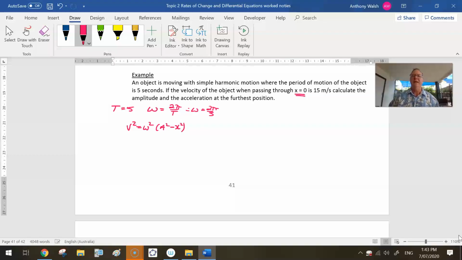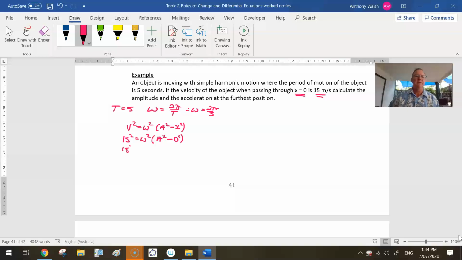Now we're told when x is equal to 0, the velocity is 15 meters per second. So we sub that in, 15 for v, 15 squared is equal to omega squared by a, the amplitude, which we don't know, but we're trying to find, minus the displacement, which in this case, when the velocity is 15, displacement is 0. 0 squared.